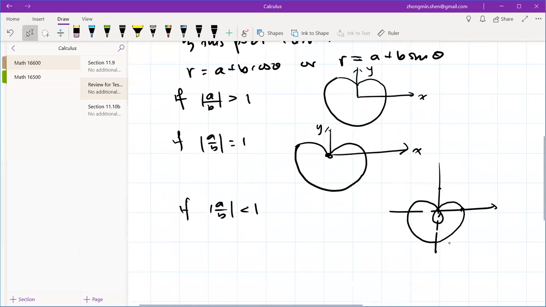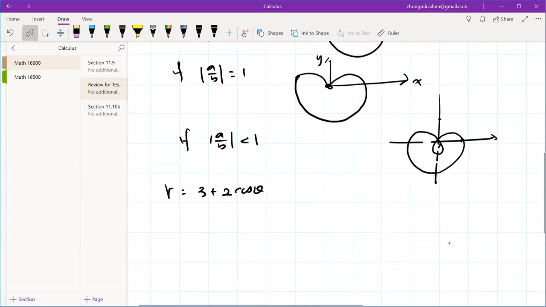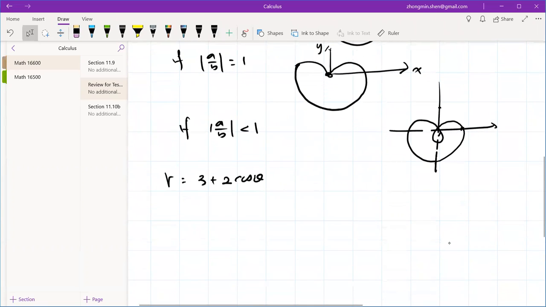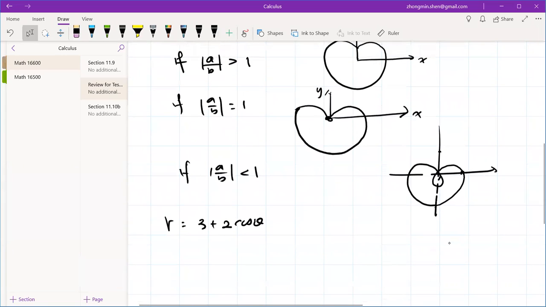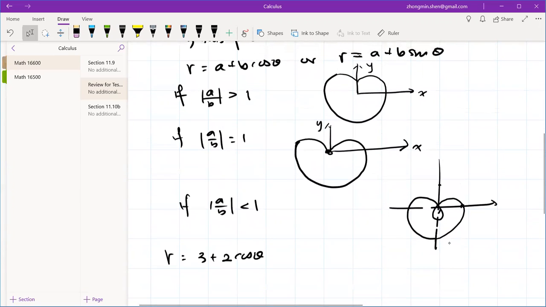But look at our example, r equals 3 plus 2 cosine theta. Clearly, r is always positive. For the above three pictures, the last picture tells you r could be negative somewhere, but in the first one r always has the same sign.